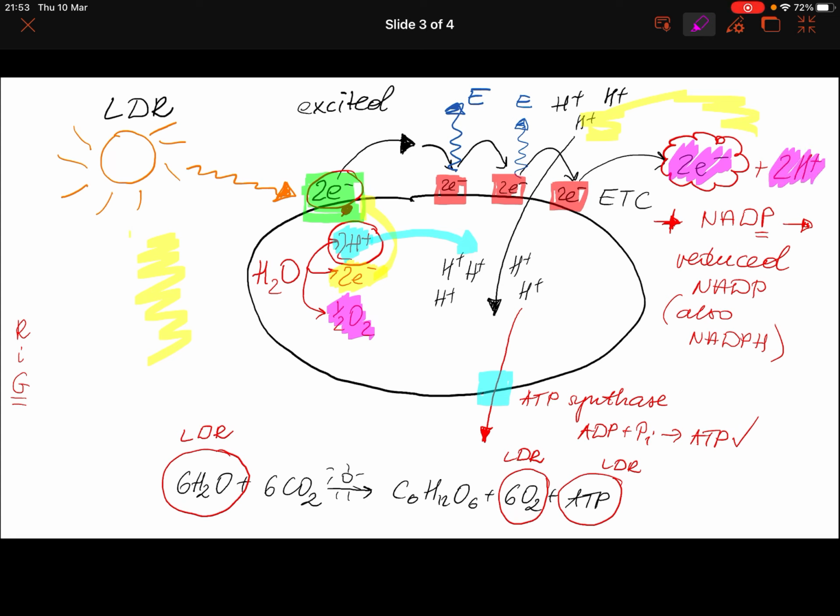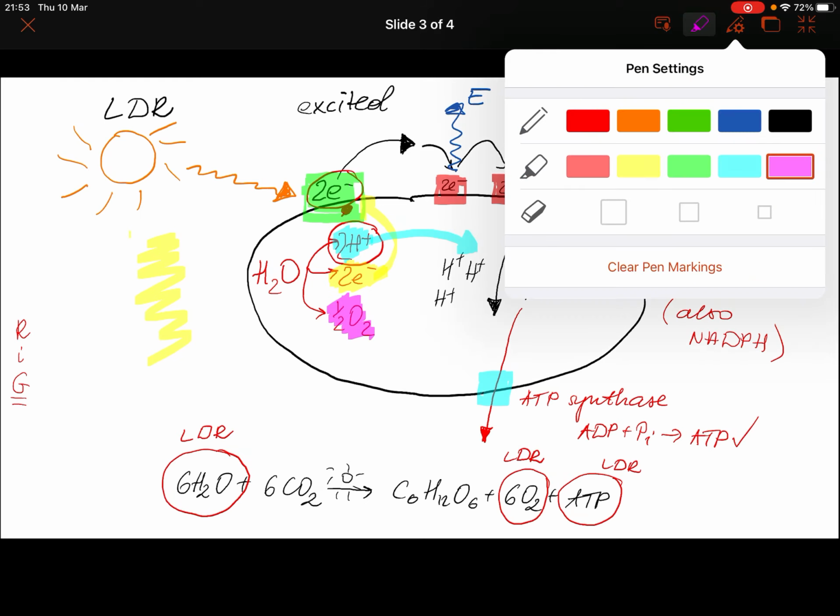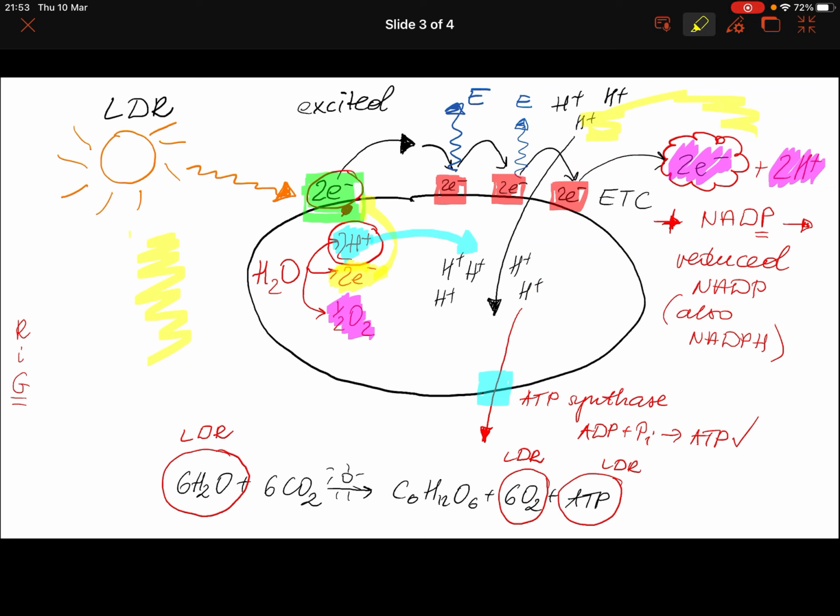So looking back at our whole process of photosynthesis, we've got main products. We've got electrons here from the photolysis of water, but they've been used to, of course, replace the electrons which were excited from the chlorophyll.